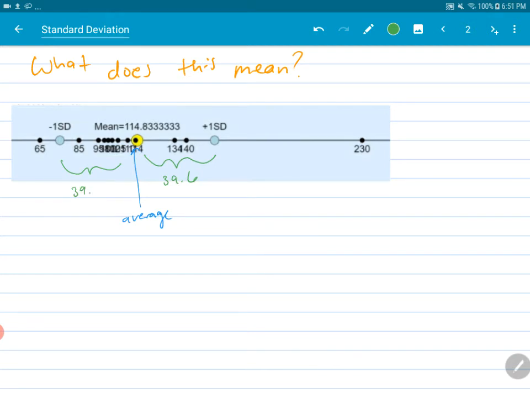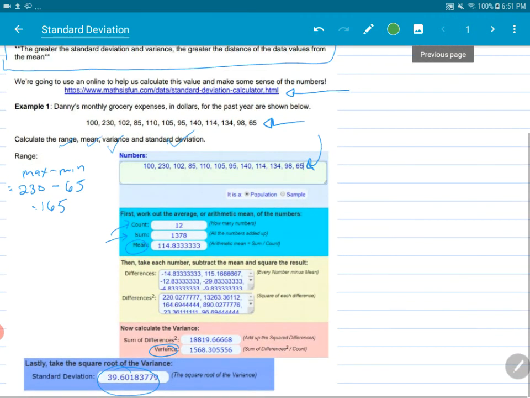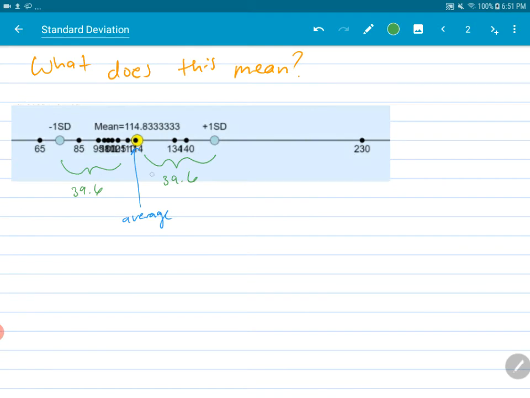So if we go back here for a second, we're talking about monthly grocery expenses in dollars. So that means that we're looking at a distance of $39.6 away from the average.